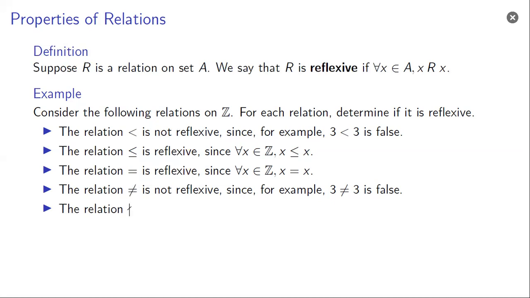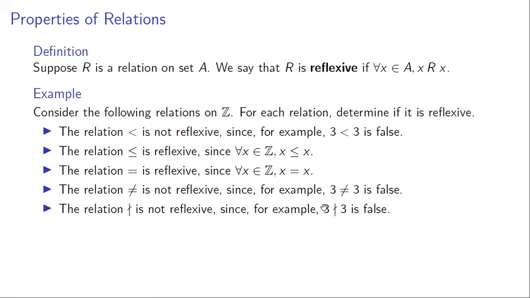Another relation. How about the relation does not divide? This indicates whether one integer does not divide another integer. For example, 5 does not divide 3. Anyways, this is a relation on the set of all integers. Is this relation reflexive? It is not reflexive.